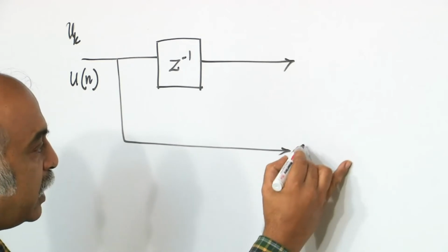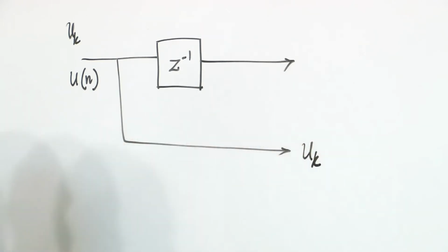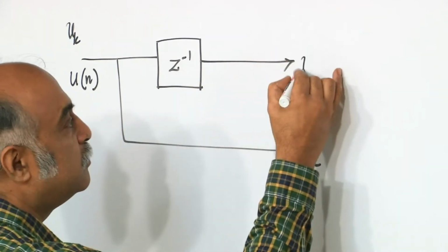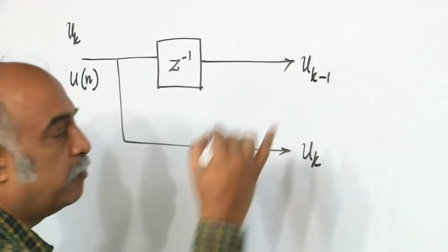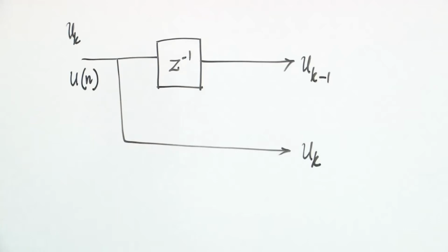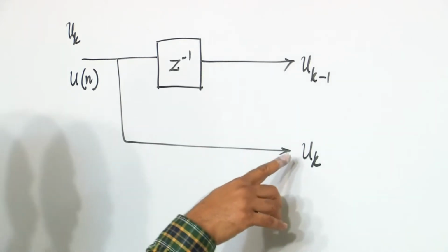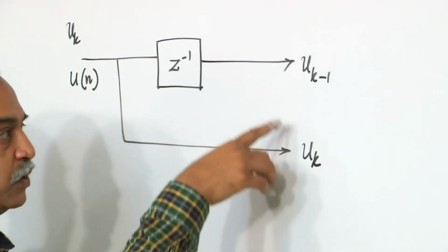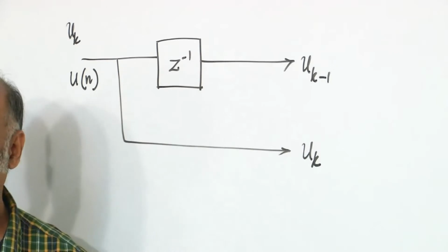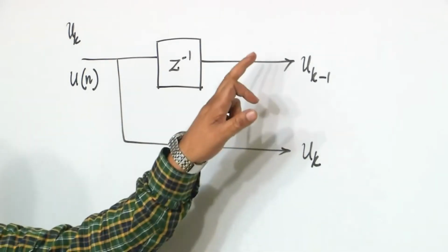So on this line you will get u(k), and on this line you will get u(k minus 1). At that particular instant kT, you would get the present value here and the immediate past value, the one sample time delayed value, here.